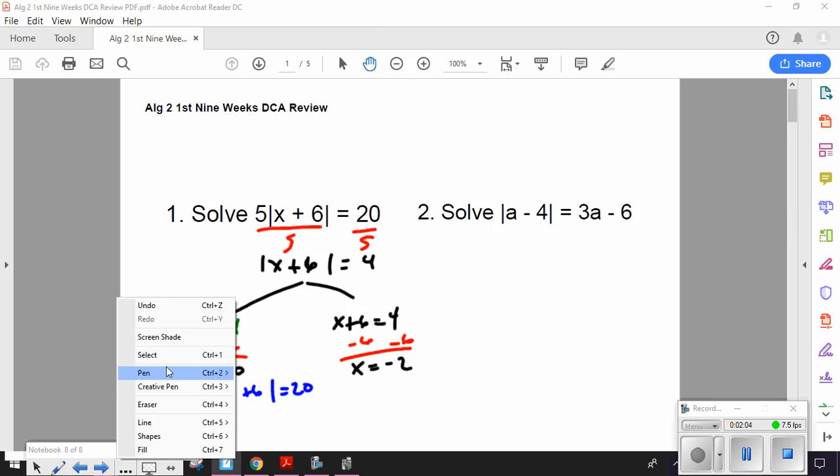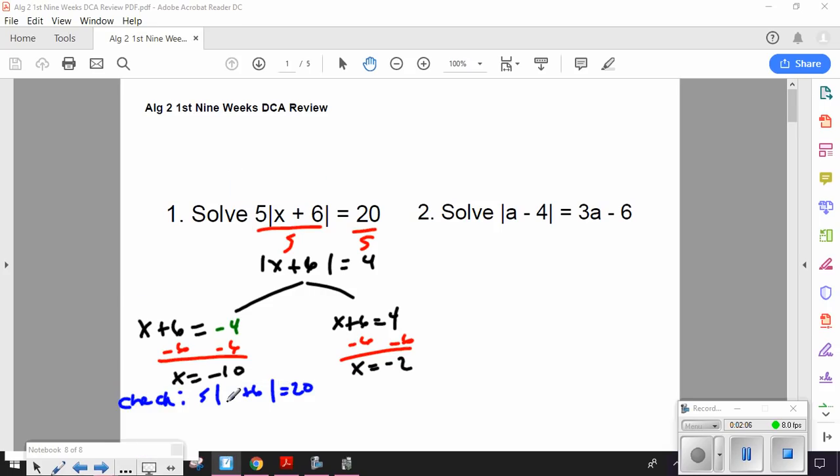Okay, so first I'm going to check negative 10. That would be 5 times the absolute value of negative 4, which is 5 times 4. And yes, that equals 20.